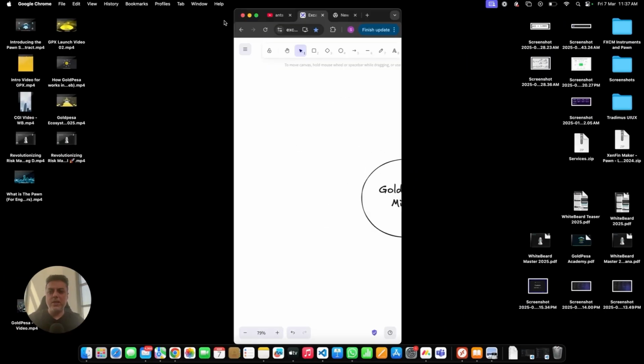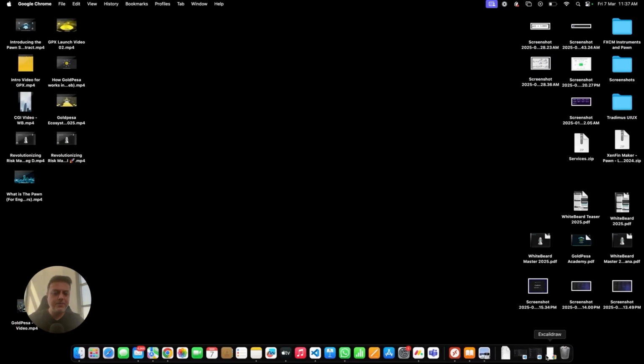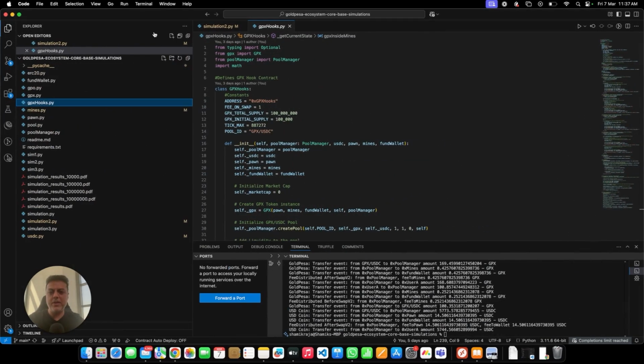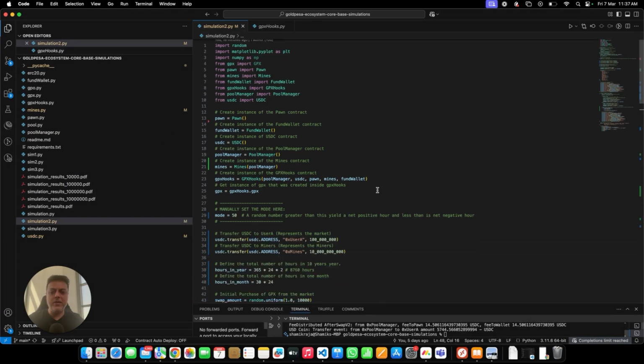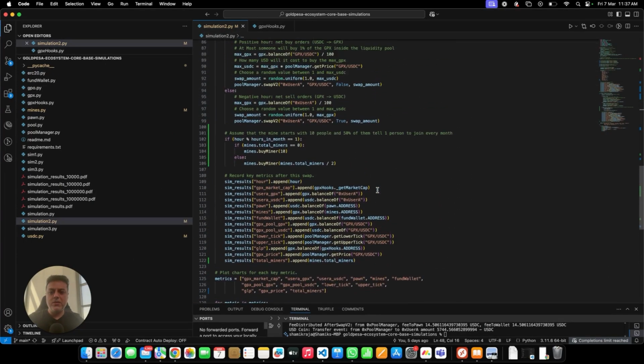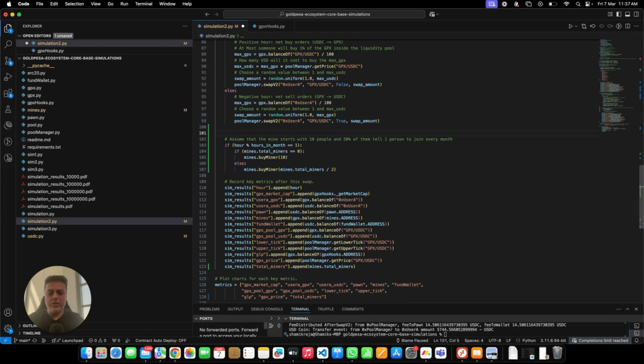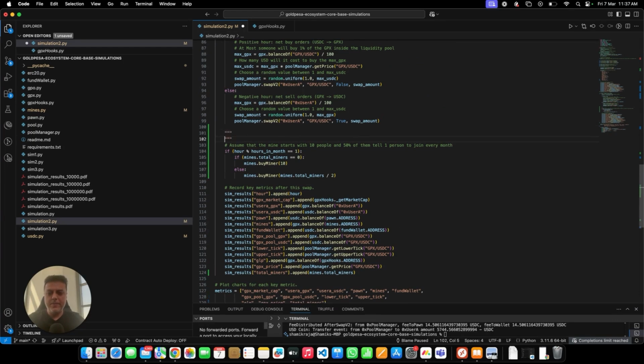So then we ask ourselves, okay, great, we have this model. Now, how do we simulate to determine what the price will be if we execute this and make a few assumptions? So let's go into our Python code, which we are going to simulate.